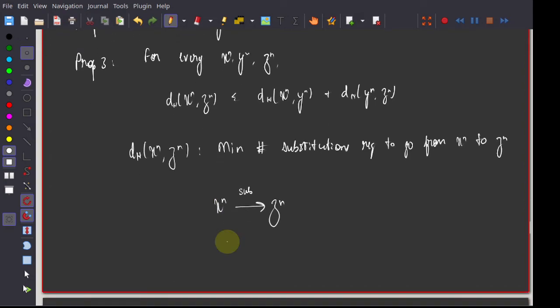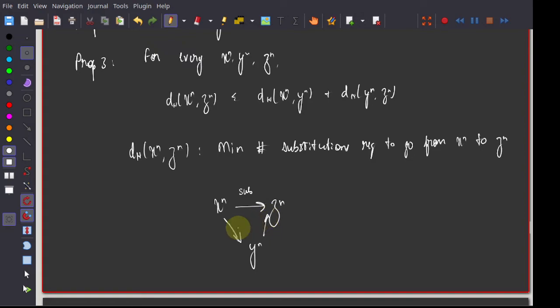Now, there's another way of going from xn to zn. You make a sequence of two changes. One is a sequence of changes which takes you from xn to yn, and another sequence of changes which takes you from yn to zn.